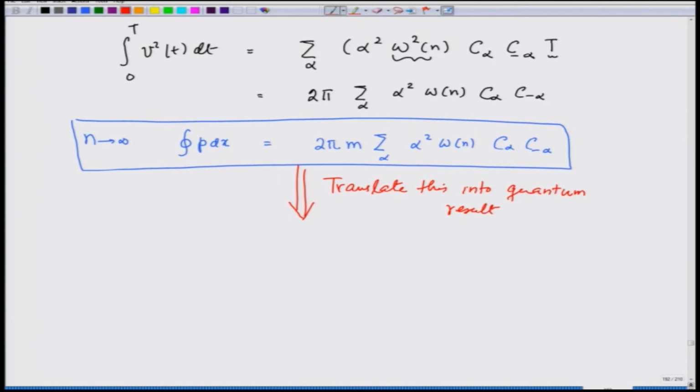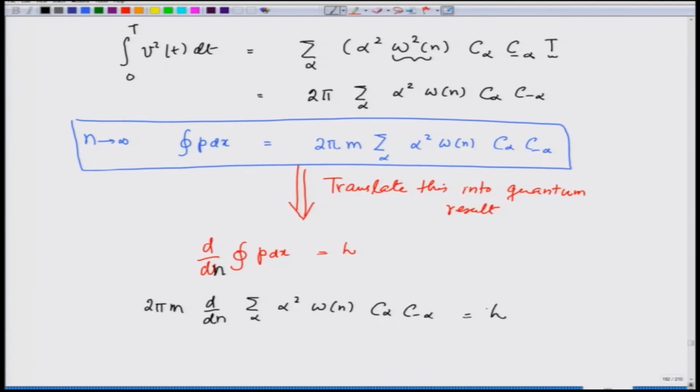And not only that, I need to write d by dn of integral p dx is equal to h. So let us write that. If I do that, d by dn of summation alpha, 2 pi m I can write outside, alpha square omega n c alpha c minus alpha is equal to h.